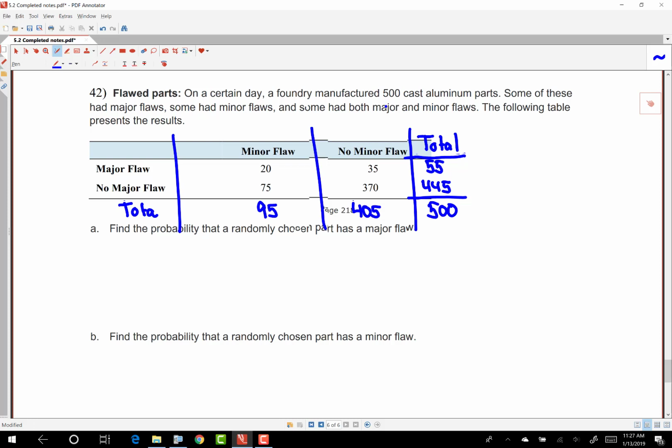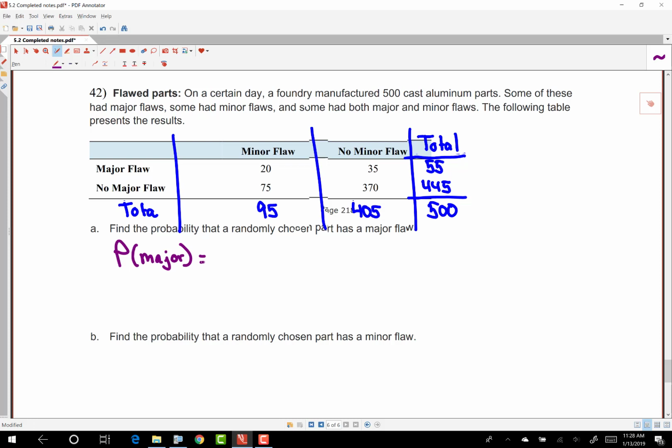So the first one says, find the probability that a randomly chosen part has a major flaw. So for here, we're just looking for the probability of major. Sometimes you're not going to have to use anything other than just the basic probability formula, which is the number of ways the event can occur divided by the total number.